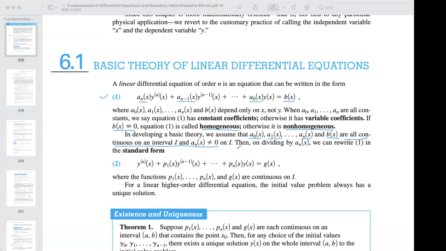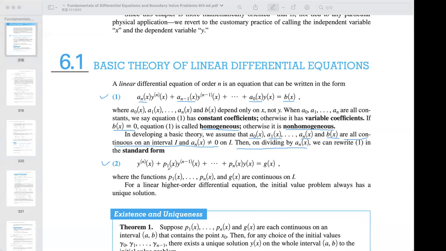If you make sure a_n(x) won't be 0 for any point on I, we can divide the whole equation 1 by a_n(x), and it becomes the standard form, called equation number 2. You can see the leading coefficient of the highest order term, y^(n)(x), will be 1 here.